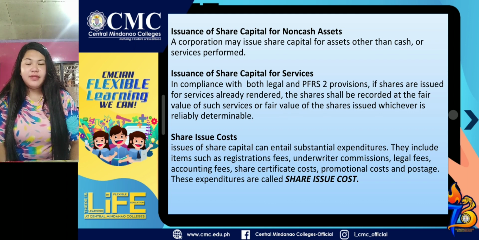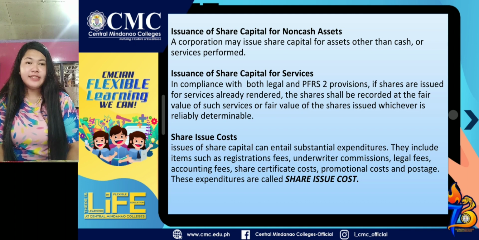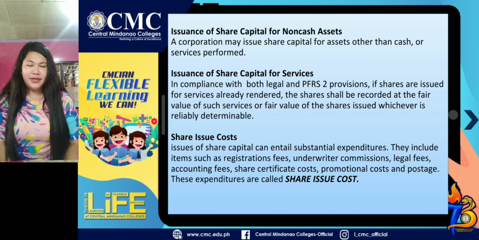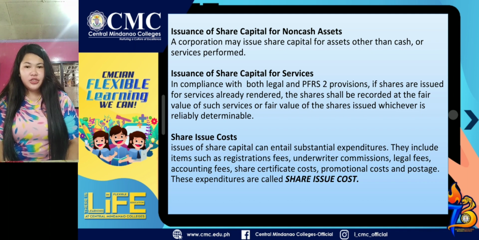Issuance of share capital for services. In compliance with both legal and PFRS 2 provisions, if shares are issued for services already rendered, the shares shall be recorded at the fair value of such services or fair value of the shares issued, whichever is reliably determinable. Share issue cost.